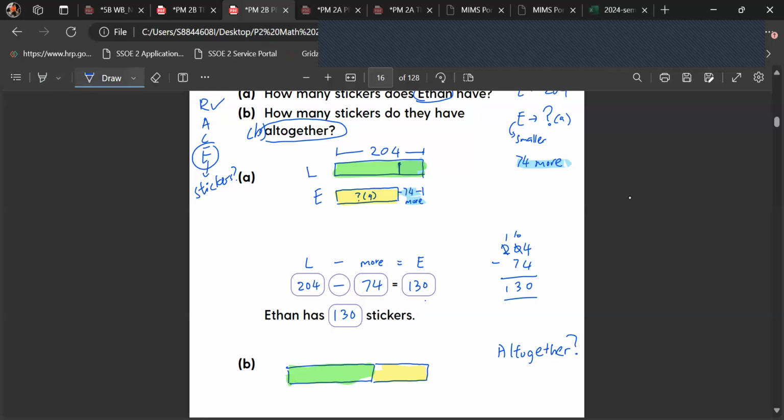Yes, so now I know Lucas is 204. I also found from part A that this is 130 for Ethan. So part B is asking for all.